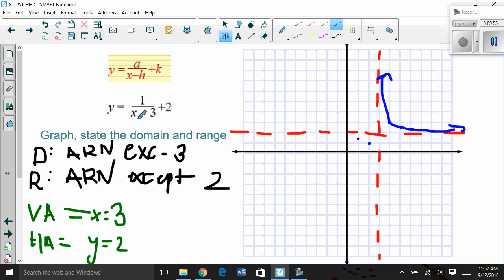And then let's plug in 0. So we'd have -1/3 plus 2, which would give us 1.66.